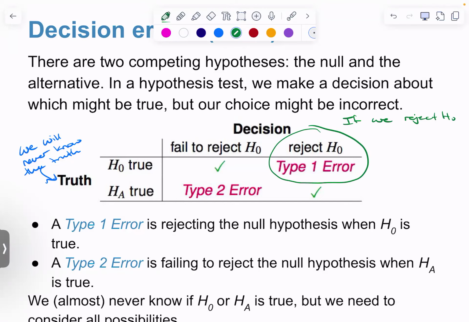Okay? And so if we reject H naught, there is always a chance we are making a type 1 error.